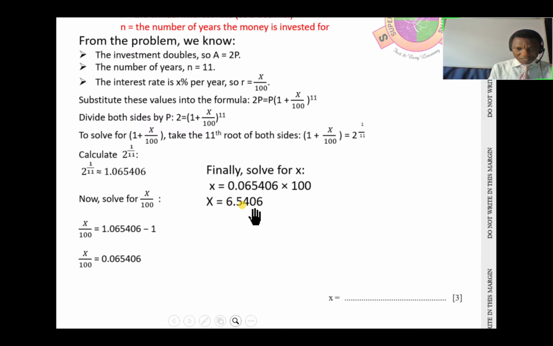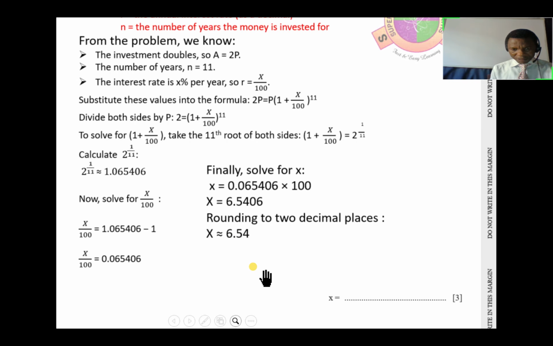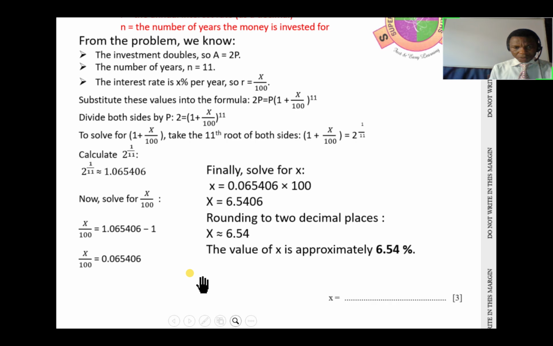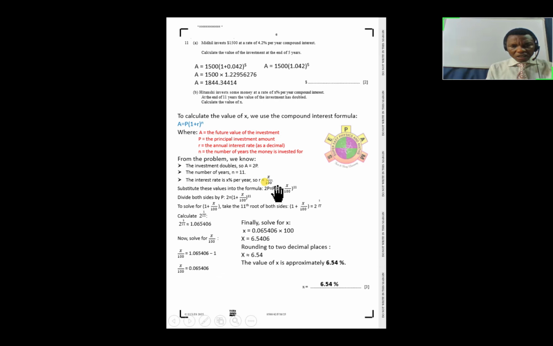So x is equal to 6.5406. Rounding to 2 decimal places, x, the rate of the compound interest, is 6.54% per annum. So solved.